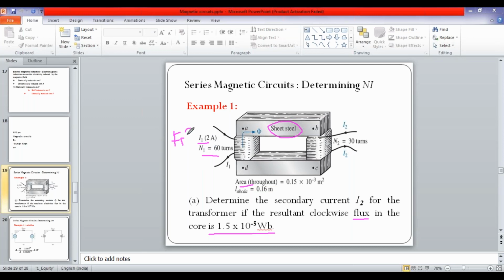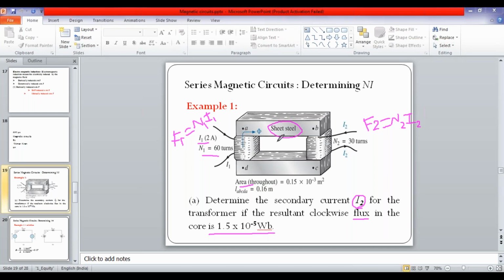MMF is equal to N into I. Remember the formula: magnetomotive force MMF is equal to number of turns into current I. There is one more MMF, the second MMF, F2 equal to secondary turns N2 into I2. Here the aim is to calculate the secondary current I2, so first we need to determine the secondary MMF.